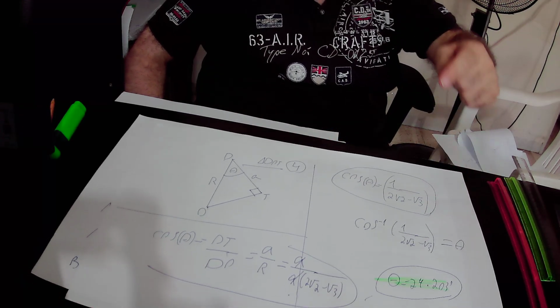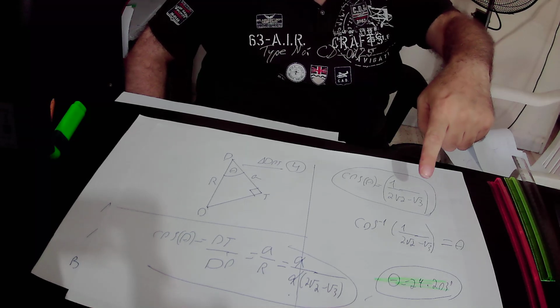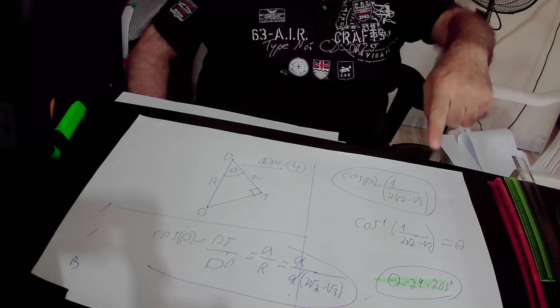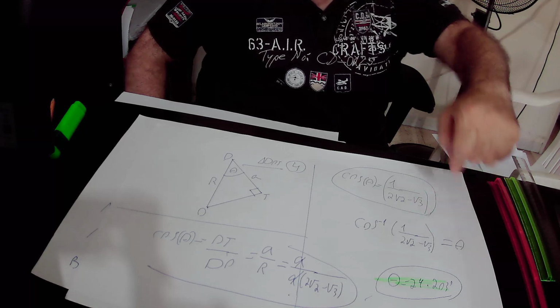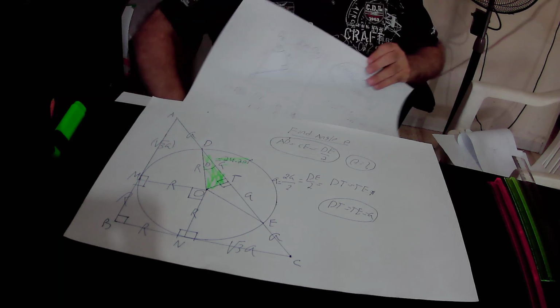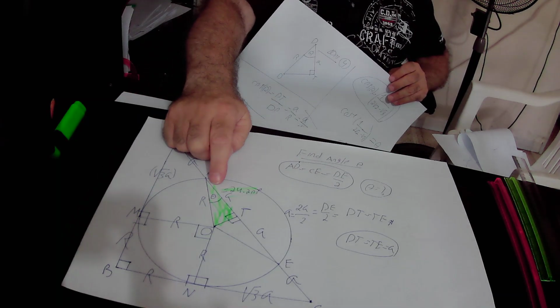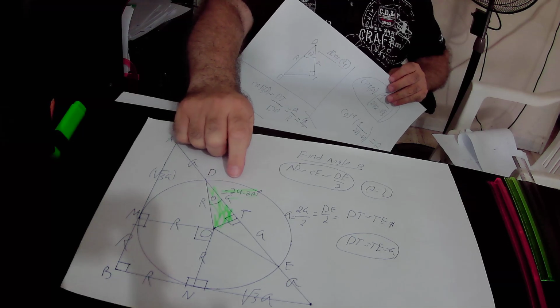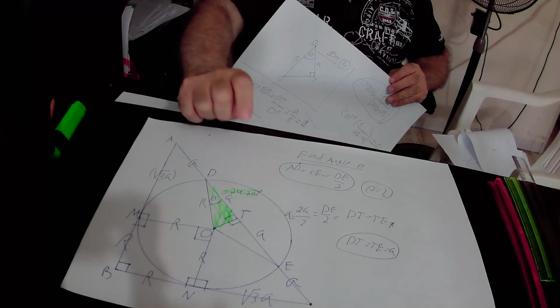You will get that theta equals 24.203 degrees. So in conclusion, we found out that the size of this angle theta equals 24.203 degrees. Okay, thank you very much.